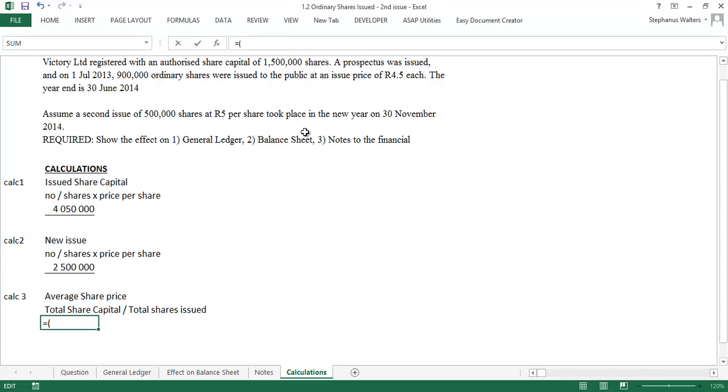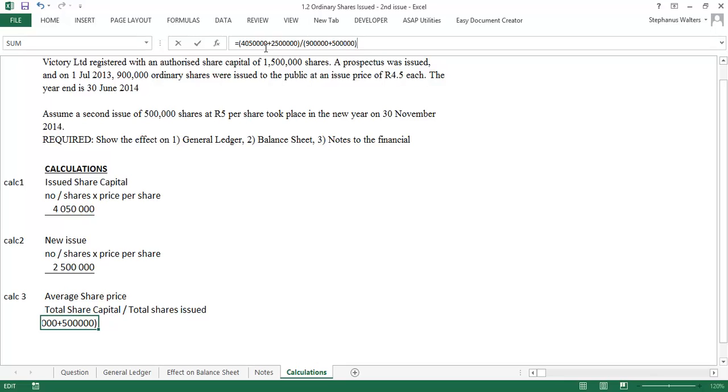My total share capital is going to be the 4.05 plus the 2.5, and I'm going to put that all in brackets because I want to divide the total share capital by the total shares issued, which was the 900,000 plus the 500,000 of the second issue.